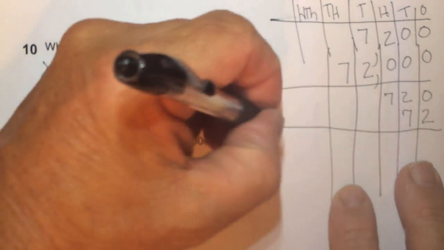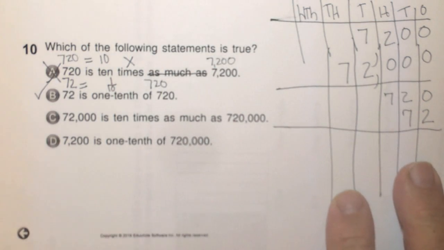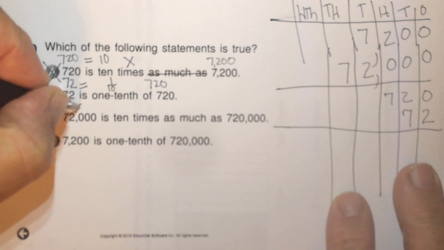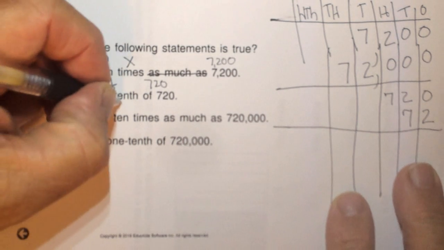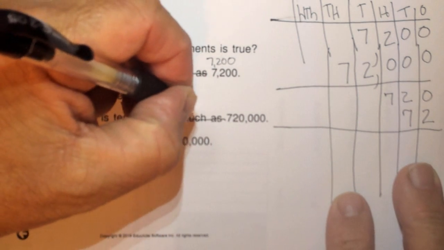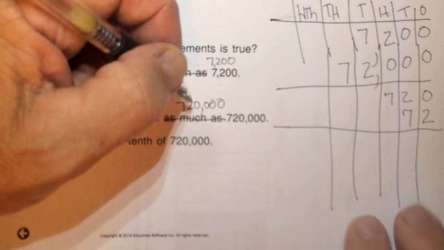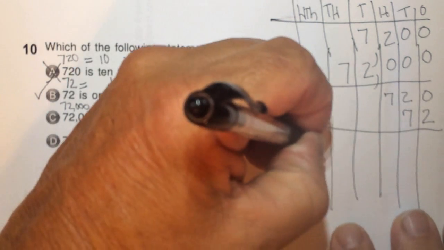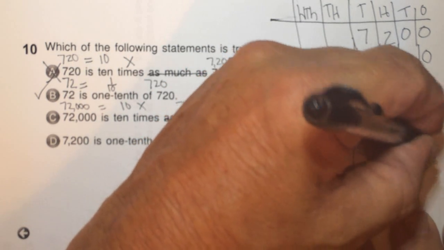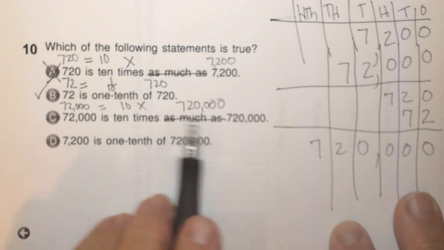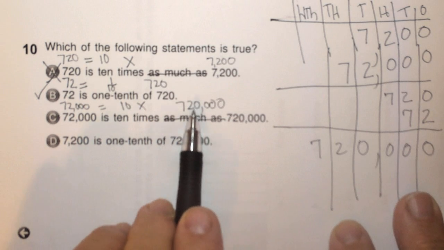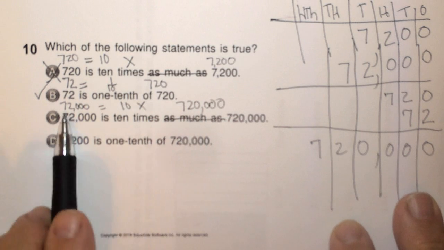I'm going to keep checking the answers just to make sure I didn't make a mistake. 72,000 equals 10 times 720,000. So if I have 720,000 and I'm going 10 times that number, because these are both on the same side of the equal sign, so I'm doing it to this number, not this one.